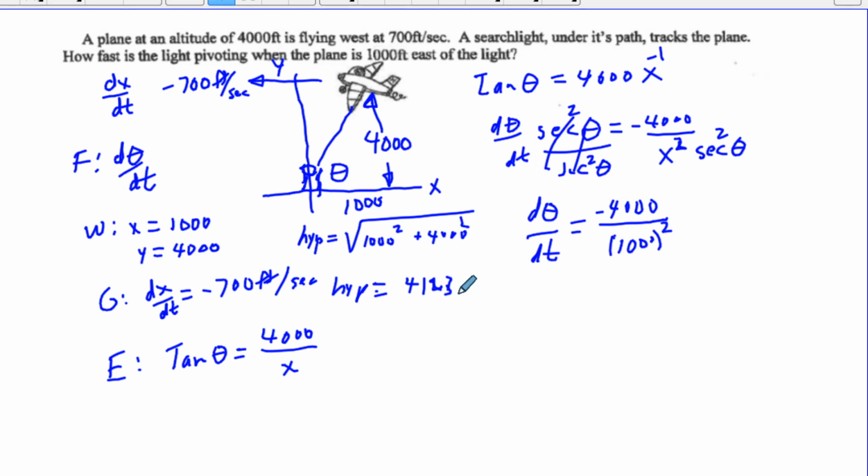So now we're going to have our cosine squared theta is going to be our adjacent over 4123.1, and we're going to square all this.